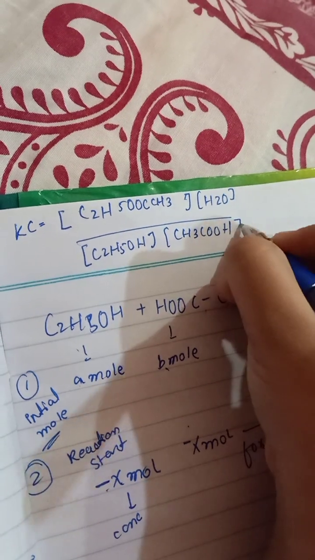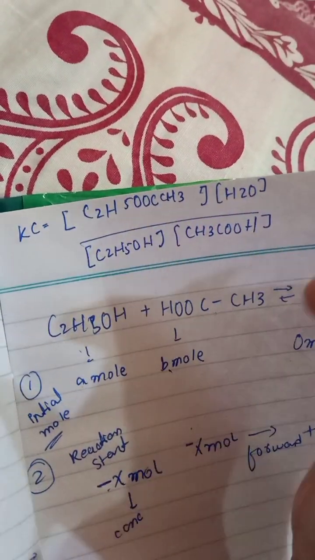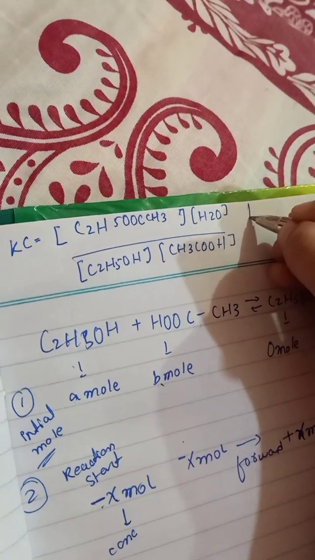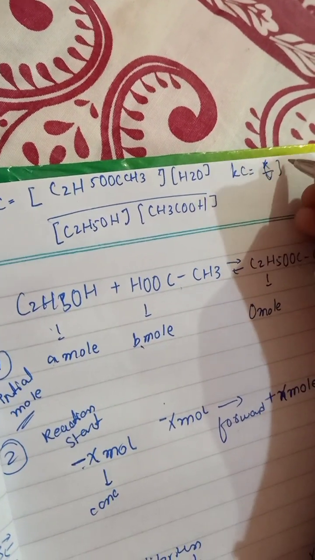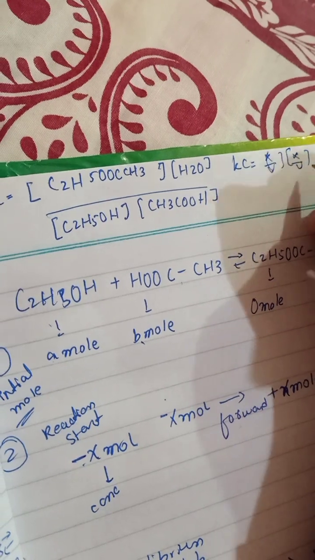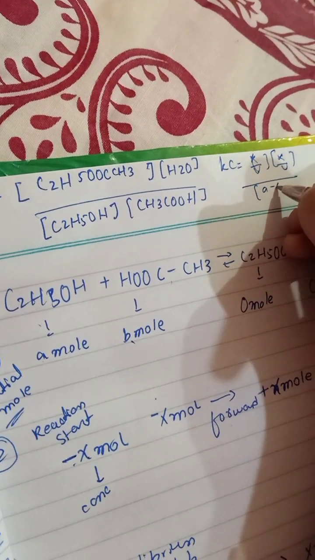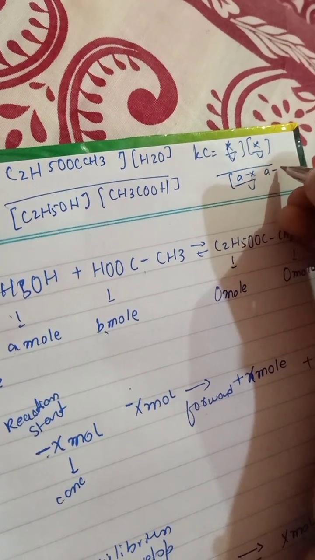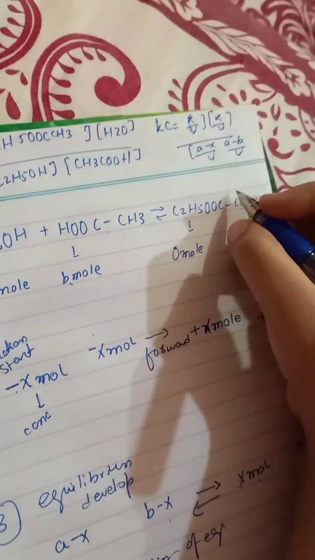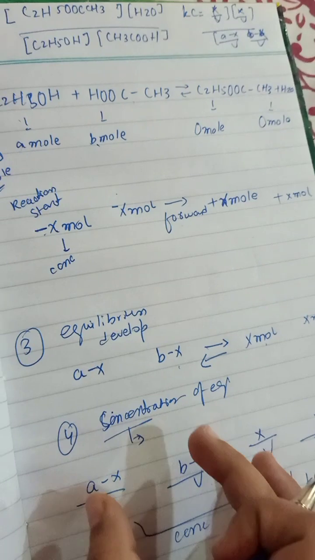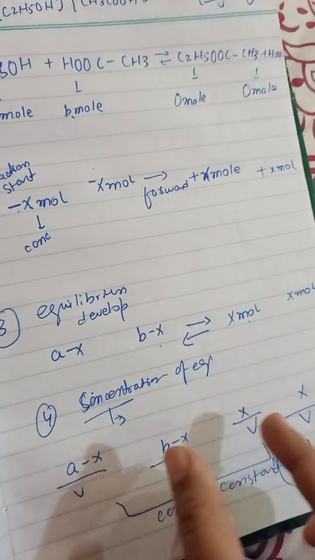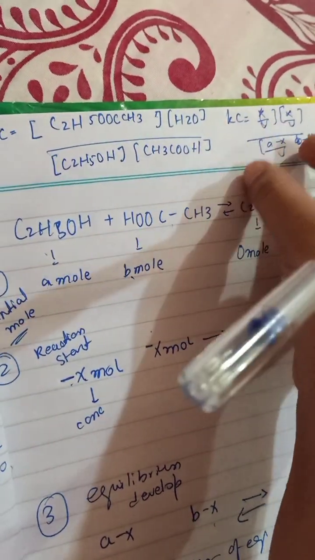This is the reactant concentration. So we can write X upon V, and here A minus X upon V, B minus X upon V, the reactant one and the product one.